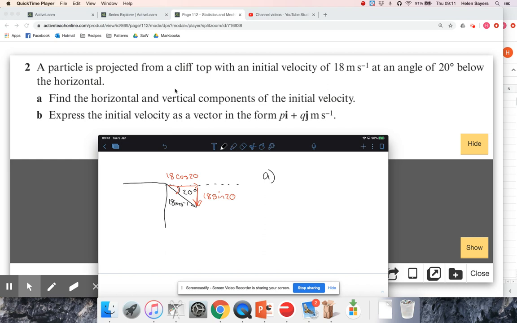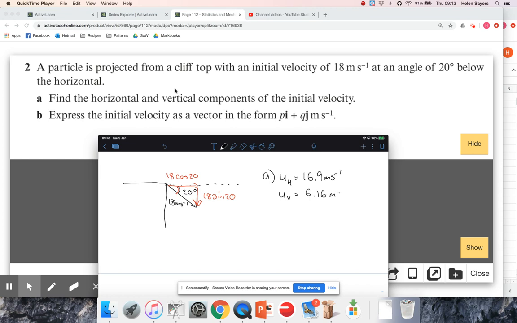Okay, so they're going to be our answers for part A. So the initial, let's just do U subscript H for horizontal. So the horizontal component is 18 cos 20. So I'm getting that to be 16.9 meters per second, and the vertical I'm getting 18 sine 20, 6.16.